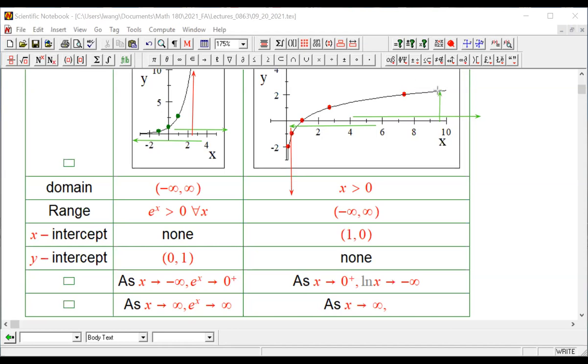Yes, it's going to get even higher, as high as you want. Don't worry about that. This piece is going to keep going up and up, looking a little slow, but surely. Therefore, as x approaches positive infinity, ln x is approaching positive infinity.